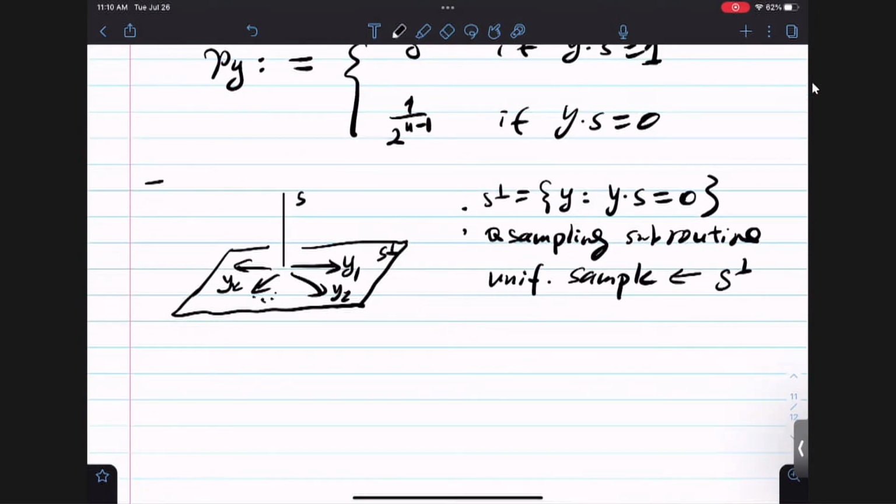And then you can imagine with enough samples from this hyperplane, we can reconstruct S-perp and then from there figure out S. And in this particular case, this just involves solving a system of linear equations.